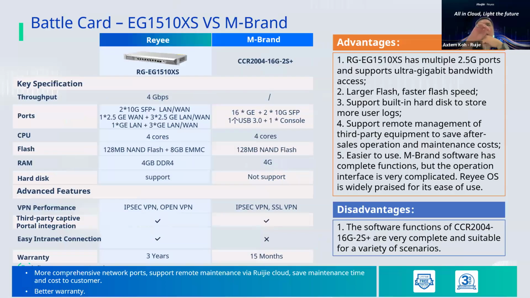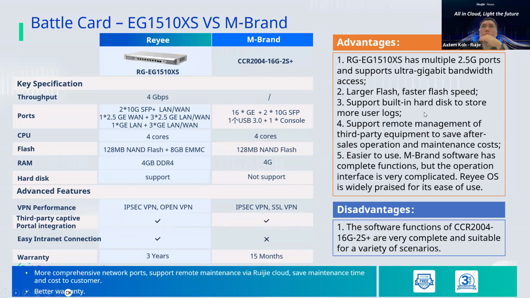Next, I'm going to show you more detail about our EG1510 compared with the MikroTik CCR2004. As I mentioned just now, we have a 2.5G port and we also have the largest flash and faster flash speed, with 128 MB NAND flash and 2 gig eMMC.